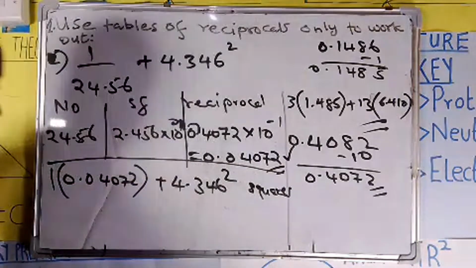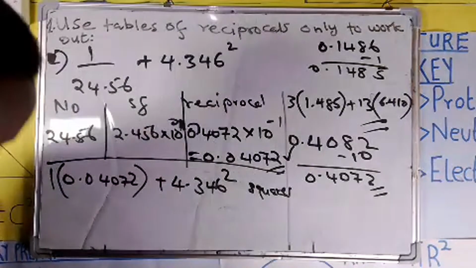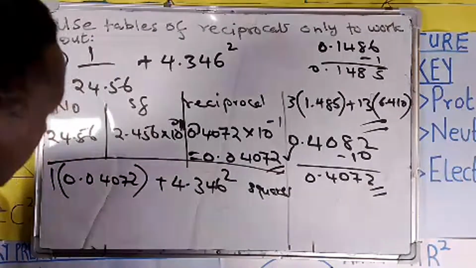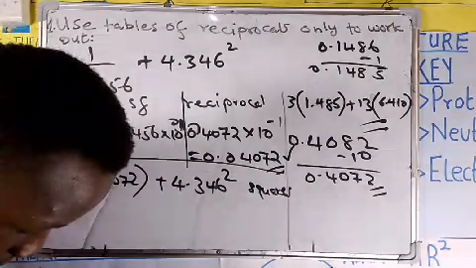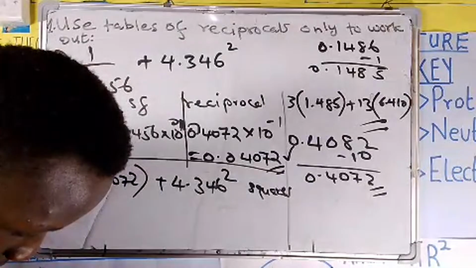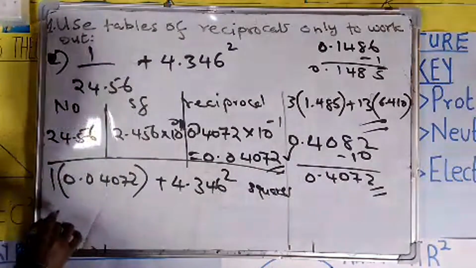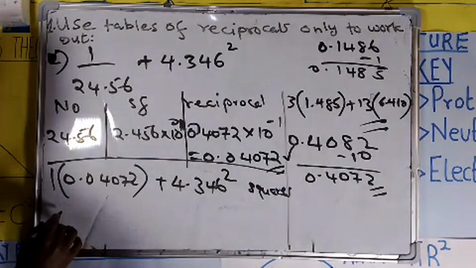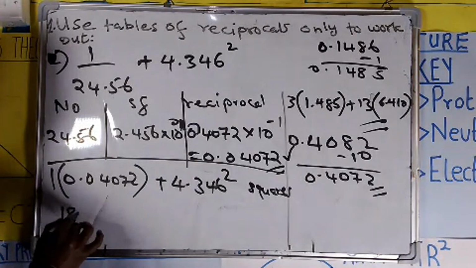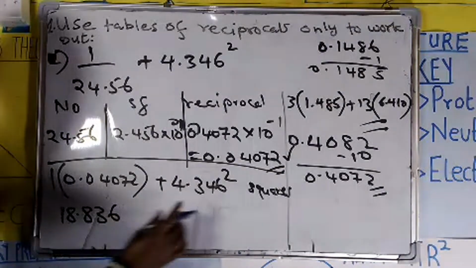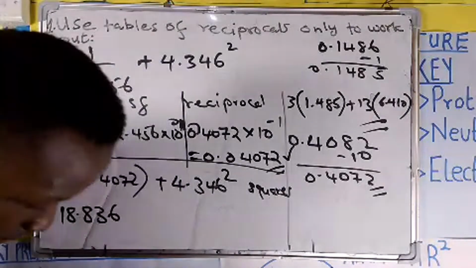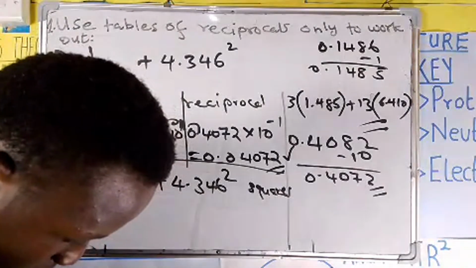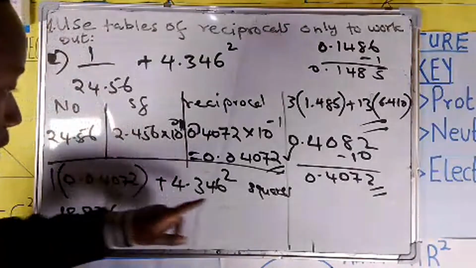Page 19, we have 4.34, 18.83 seats. This is the square of this 4.34. Then we have a seats at the end.